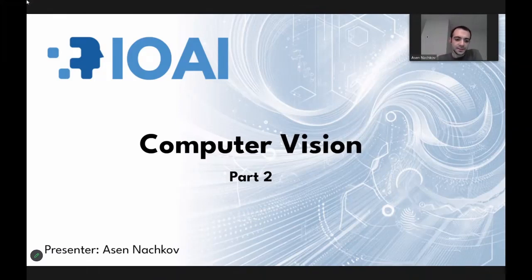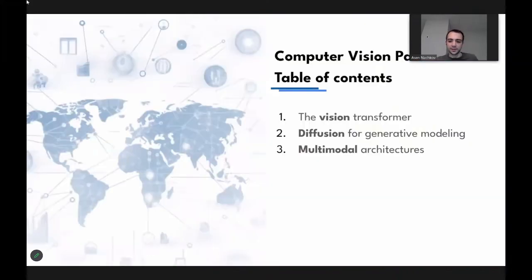So I will continue the next part of computer vision, which is part 2. And in this block of the presentation, we will look at additional methods, particularly those which are very modern and more or less ubiquitous nowadays in traditional and deep learning based vision. So in particular, we'll look at the vision transformer, which has become kind of the default backbone for many, many models.